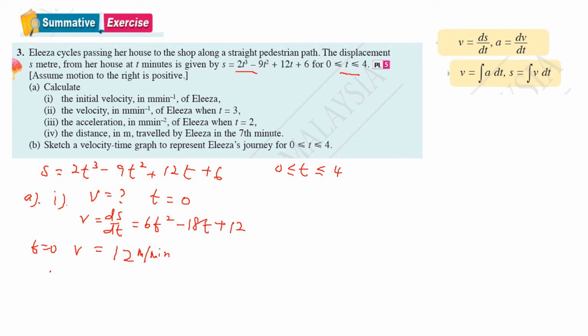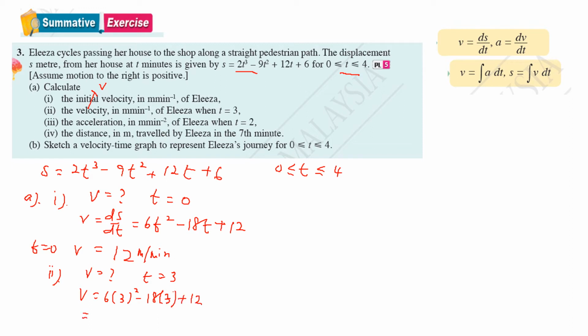A2, the velocity, still v. We want to find v when t is 3. We substitute into the same function: 6 times 3 squared minus 18 times 3 plus 12.